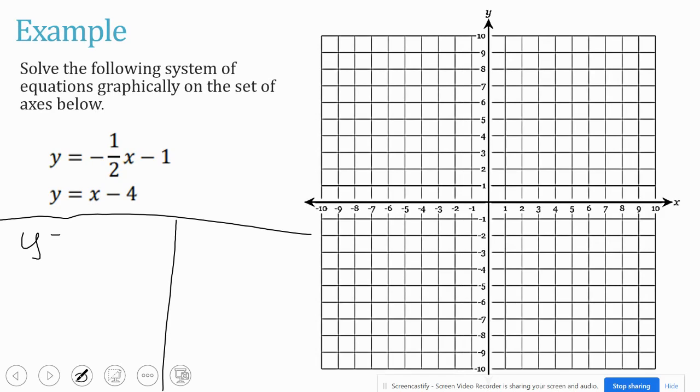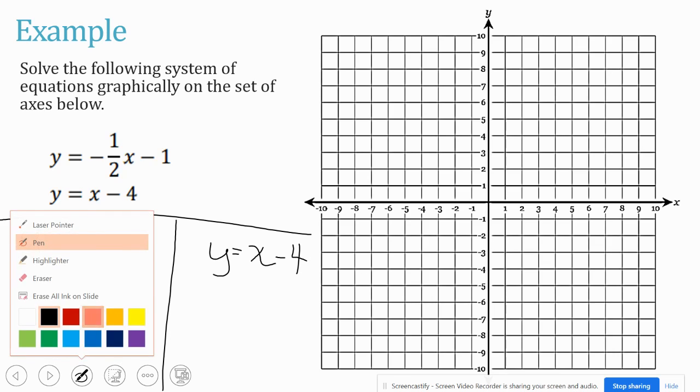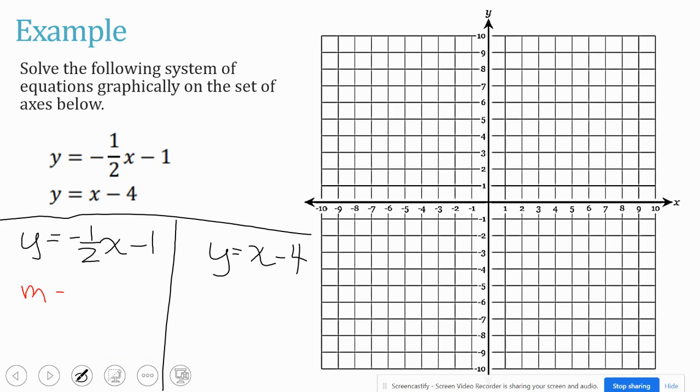So we have y equals -1/2 x minus 1, and then y equals x minus 4. So our slope for this line is -1/2, and then our y-intercept here is -1.